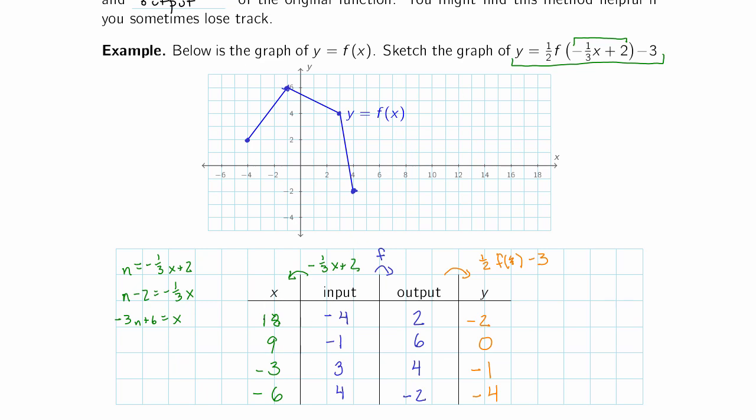The graph has a point at x is 18, y is -2. It has a point at x is 9, y is 0. It has a point at x is -3, y is -1. And it has a point at x is -6, y is -4.